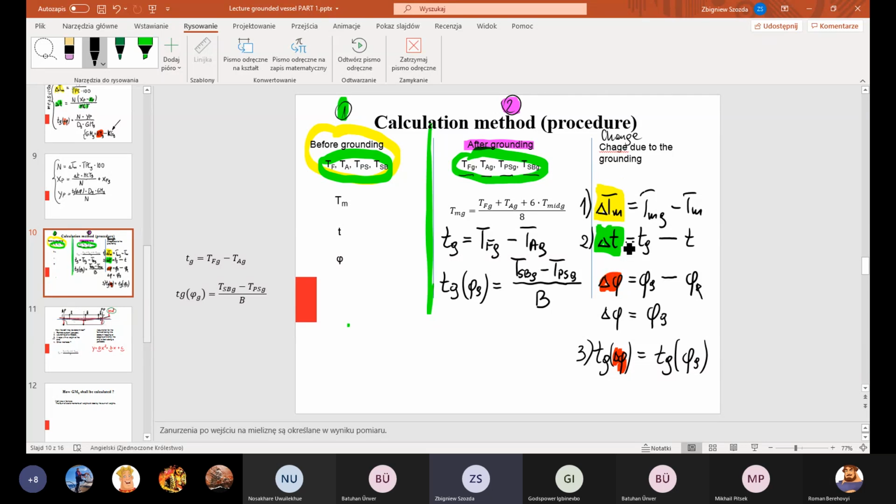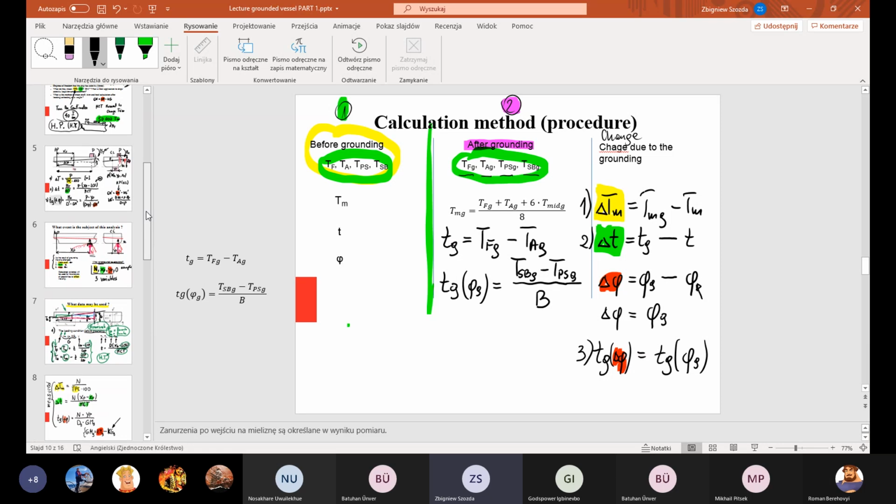If we have data before grounding and after grounding, it is possible to calculate the alterations, the difference between the initial state and the final state: how the mean draft, the trim, and the angle of heel changed due to the grounding. If we calculate delta Tm, delta T, delta phi, what can we do as a next step?